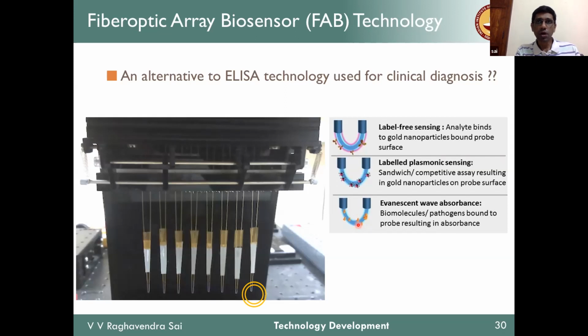So all technologies do work, but the moment we actually handle the real samples, the issues crop up, and many times all these technologies end up not overcoming these challenges. So for that, we in fact are collaborating with the clinicians, not really clinicians, but clinical diagnostics people mainly, to understand these challenges first. The specificity is the key thing, and that is where biomolecules are required, and that is where challenges are.